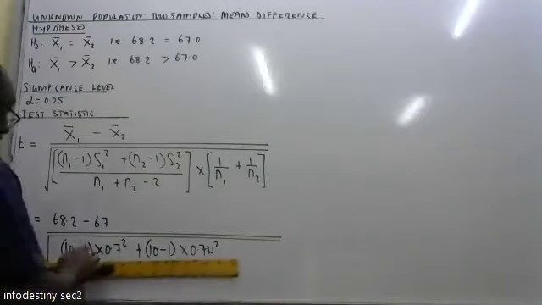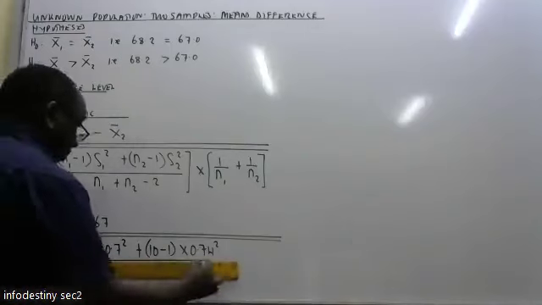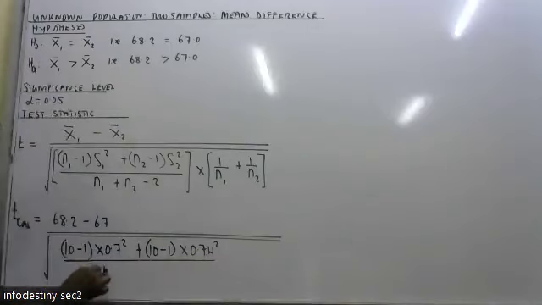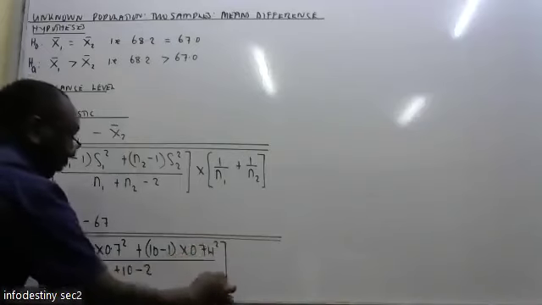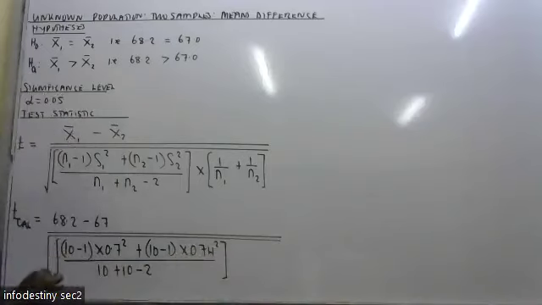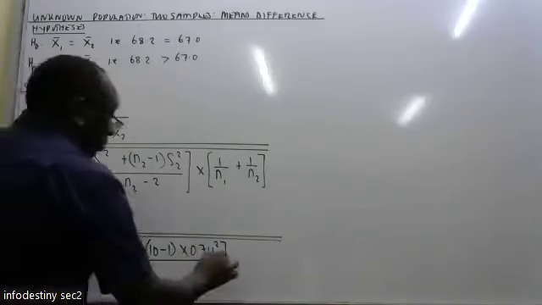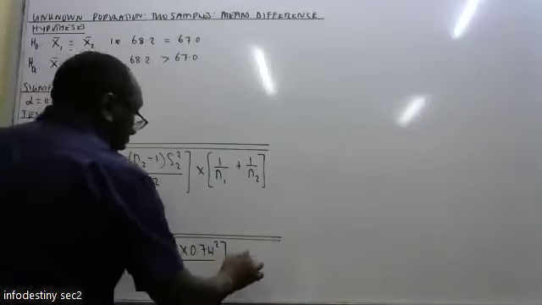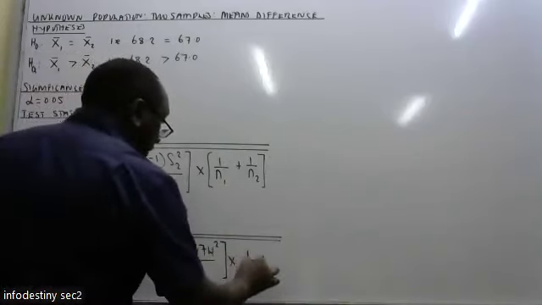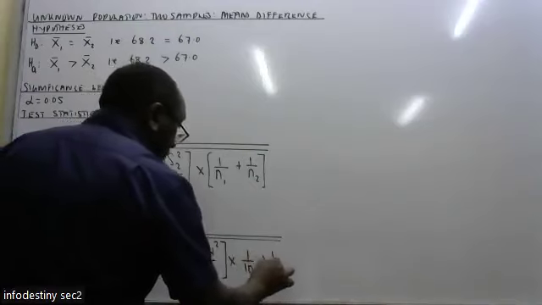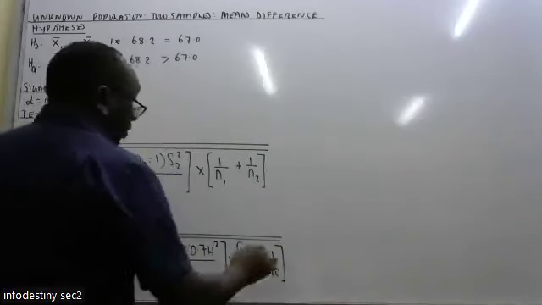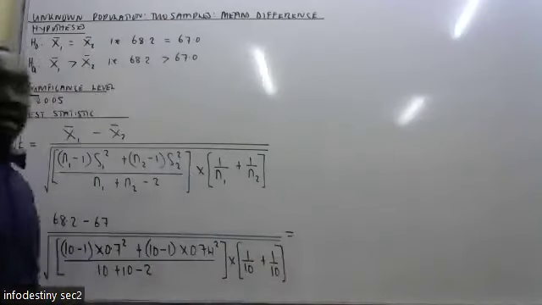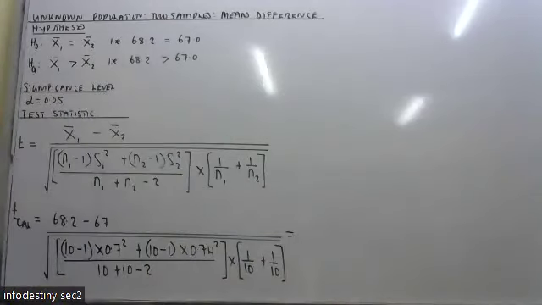Now this one we divide by 10 plus 10 minus 2. Multiplied by 1 out of 10 plus 1 out of 10. So do that and give me the answer.